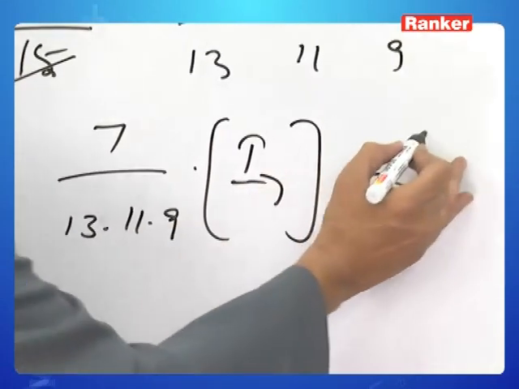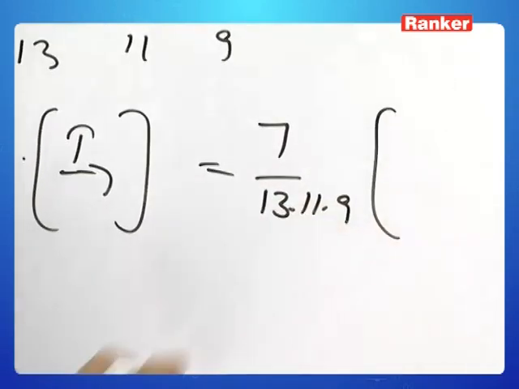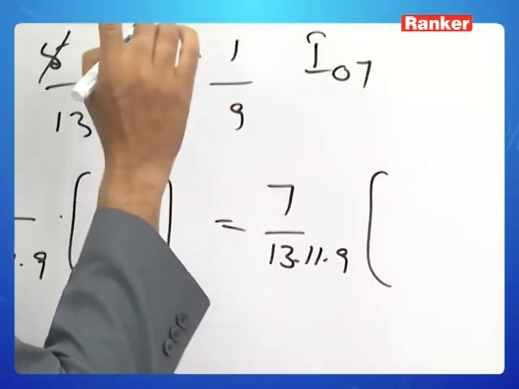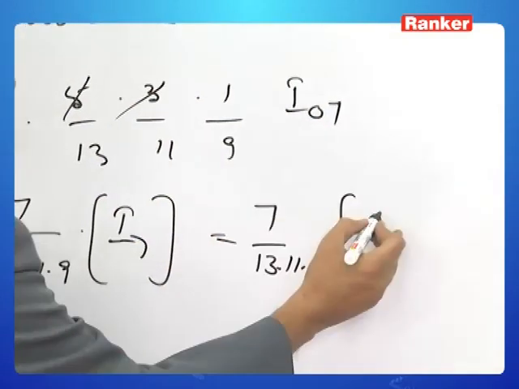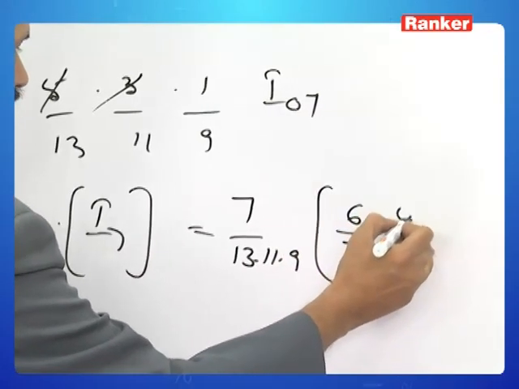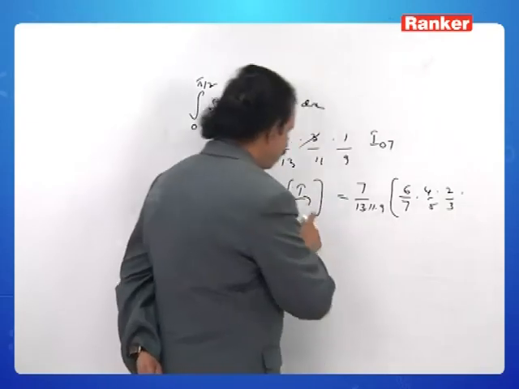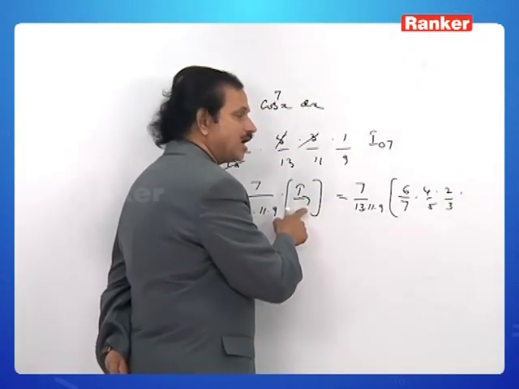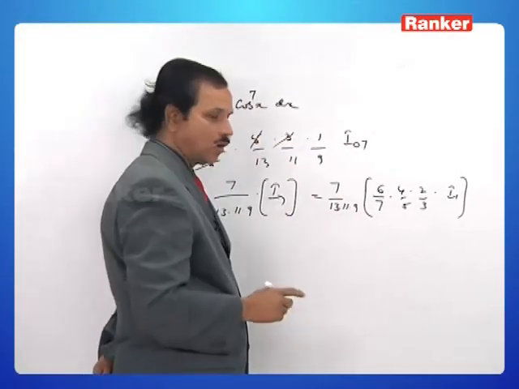Come on, n is 7. What is the starting step there in Wallis formula? N minus 1 by n. N minus 1 is 6 by 7, 4, 2, 5, 3 into what is n? Is it even or odd? Odd. If it is odd, we have I1. What is I1? 1, of course.